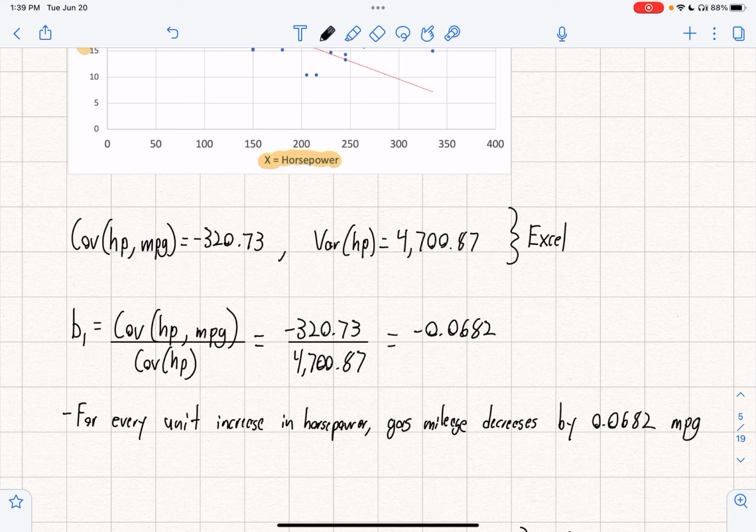Now, if we wanted to put this in units that are a little easier to understand, we could just multiply both by 100.